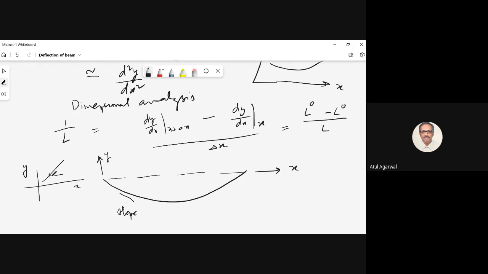You have increased the x, and you see your y has increased. So this is your delta y and this is your delta x. So your dy by dx is a ratio. It is positive because as you increase your x, your y is also increasing. So you see this is a positive slope.